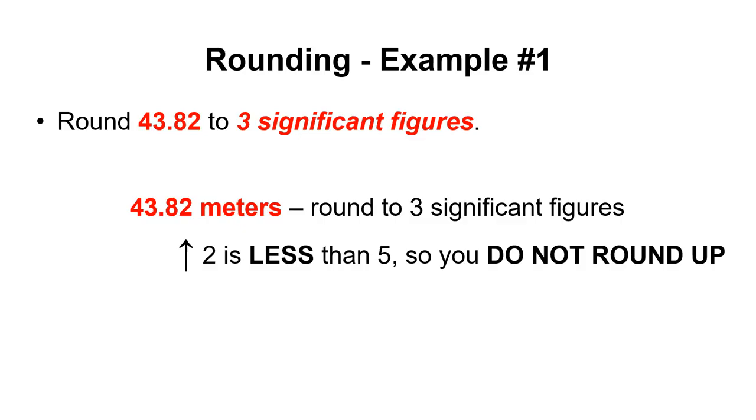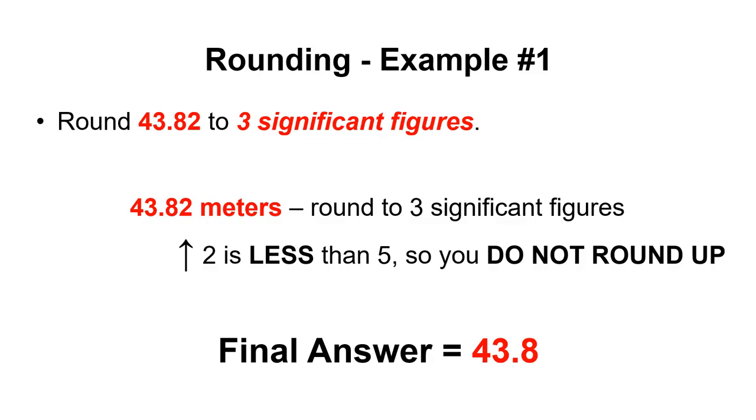We look at the last right number, which is 2. 2 is less than 5, so we do not round up. What does that mean? It means our answer for this is 43.8. It's 43.8.